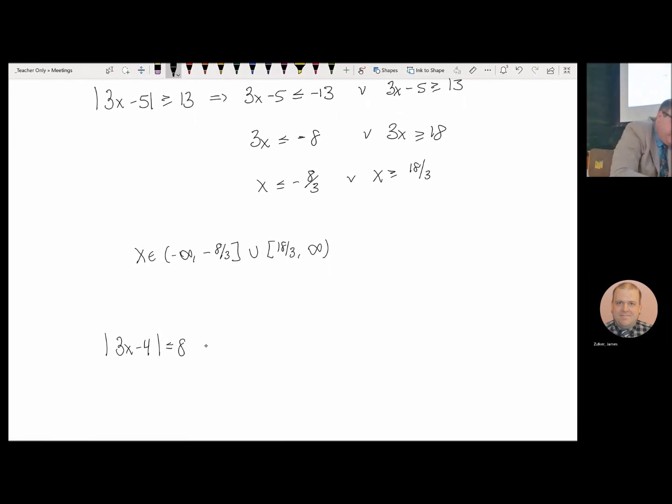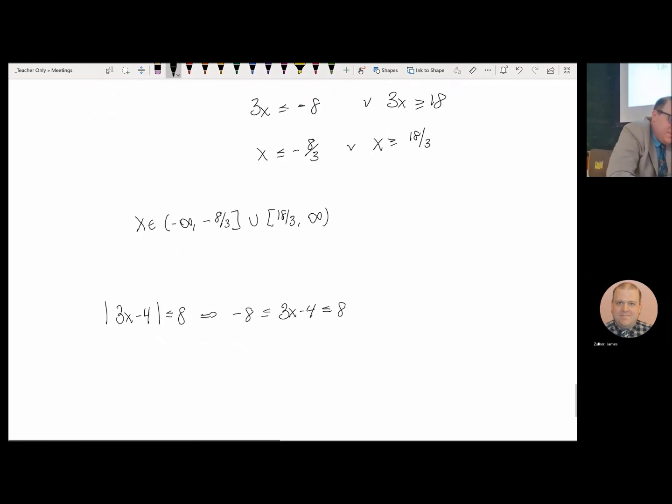For less than or equal to, right? We use the other interpretation. This would mean negative 8 is less than or equal to 3x minus 4, less than or equal to positive 8. Negative 4 would be less than or equal to 3x, less than or equal to 12.